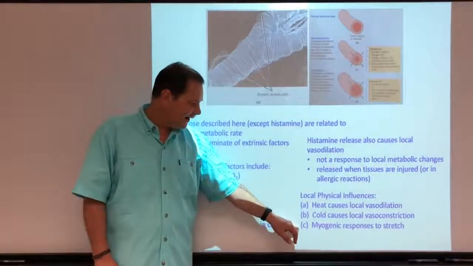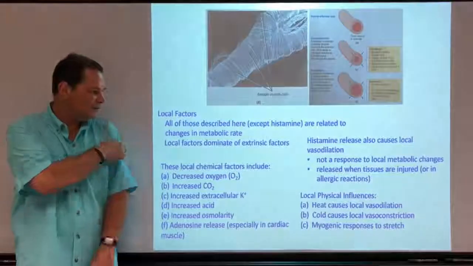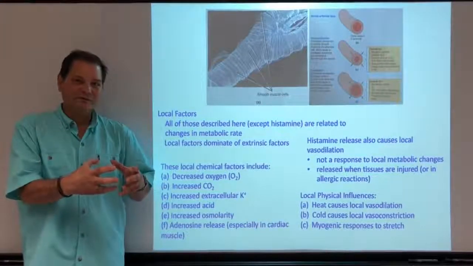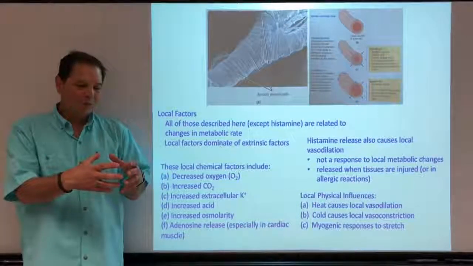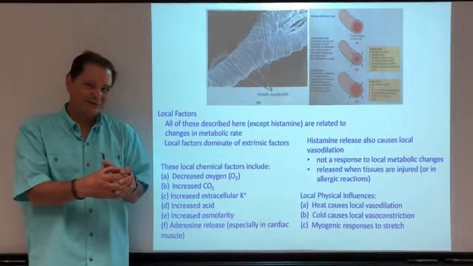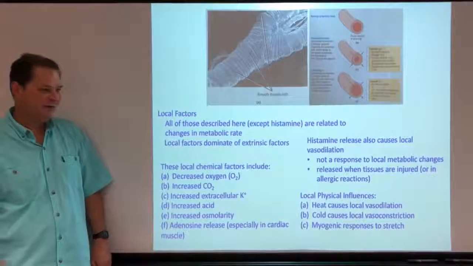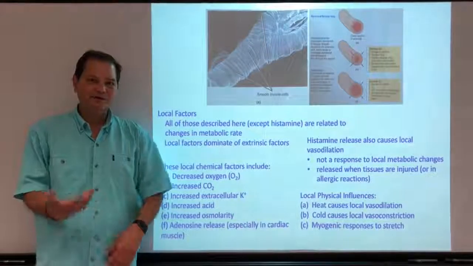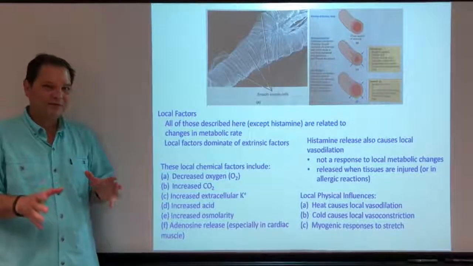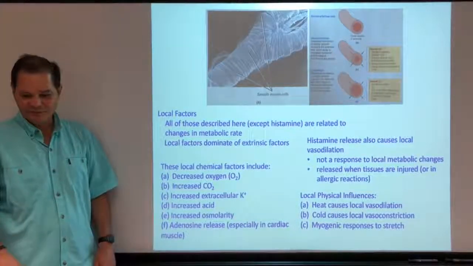And then the myogenic response to stretch, which we've covered in an earlier lesson, also a local physical influence, where the more you stretch the smooth muscle itself, the more the smooth muscle wants to contract against that stretch, and so you actually get a constriction. That's the myogenic response. It's largely behind what we called the autoregulatory response, which is particularly strong in kidney, although it's qualitatively present everywhere. It's much weaker in other tissues than it is in the kidney.